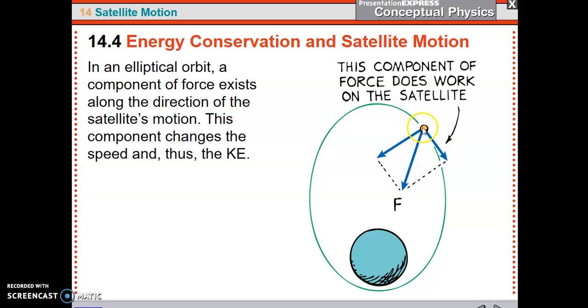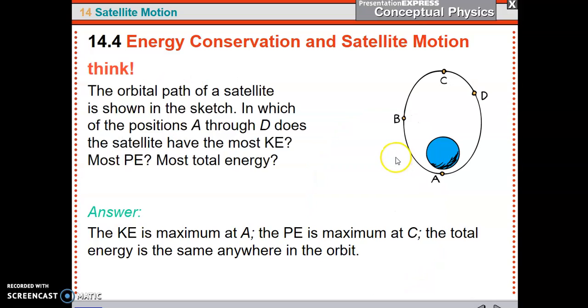So there's some gravitational force in that direction. So if there's a gravitational force, it's getting faster. So that's why it accelerates, faster, faster, faster. And right there, when it's at the apogee, there is no horizontal component. It's all straight in.